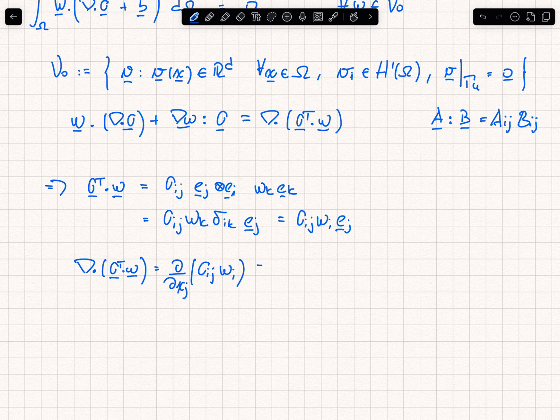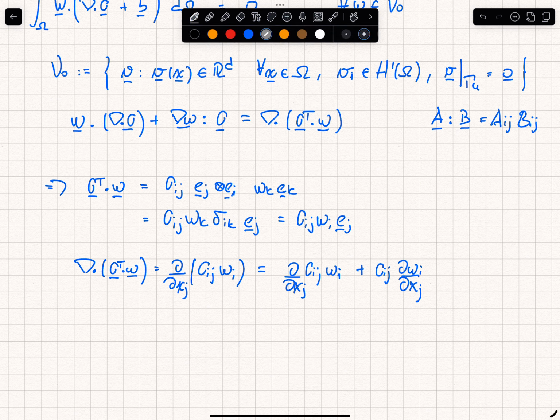And so that is equal to the derivative of the first term, multiplied by the second term as is, plus sigma_ij times the derivative of w_i with respect to x_j.